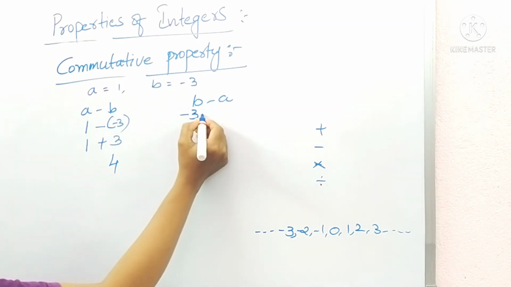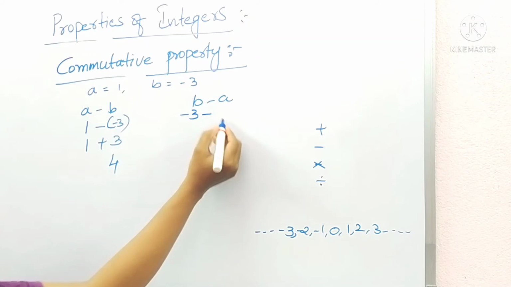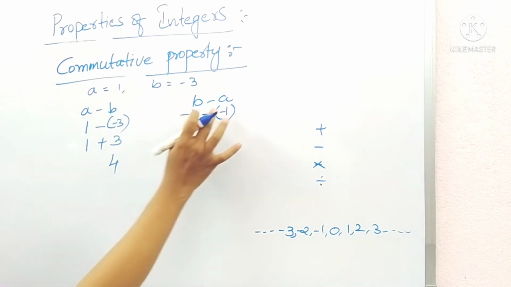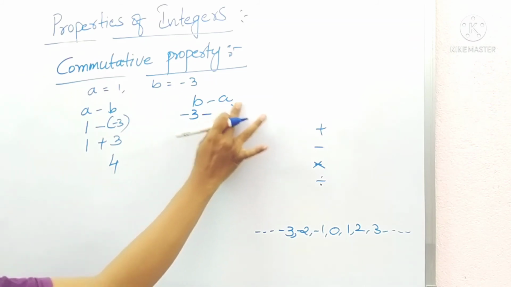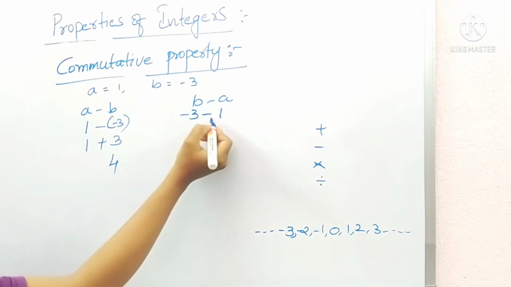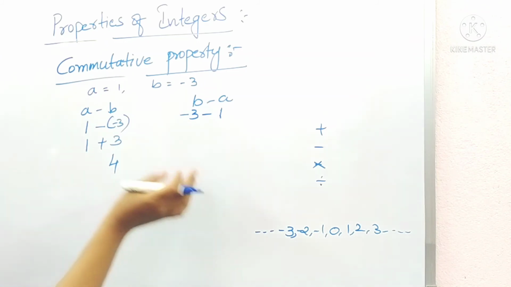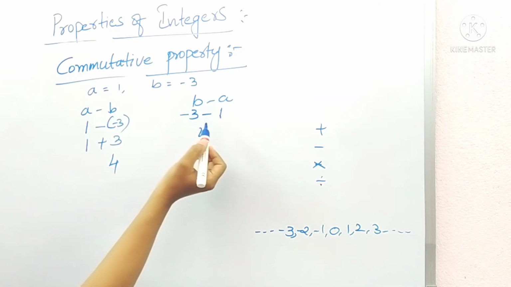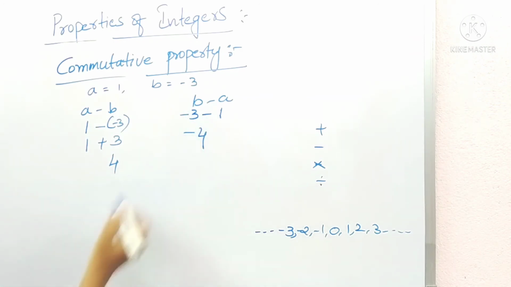Now b minus a, minus 3 minus 1. Here both the numbers have the same symbol, so we have to add the numbers. 3 plus 1 is 4, and the sign of both numbers is minus. So this is minus 4.